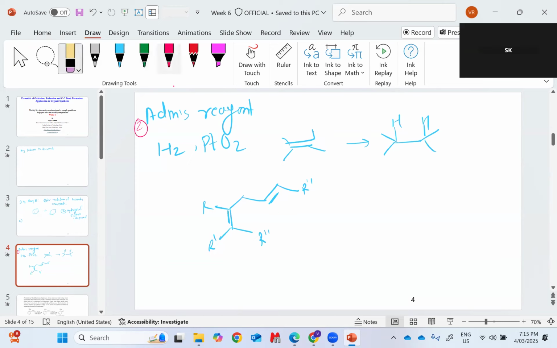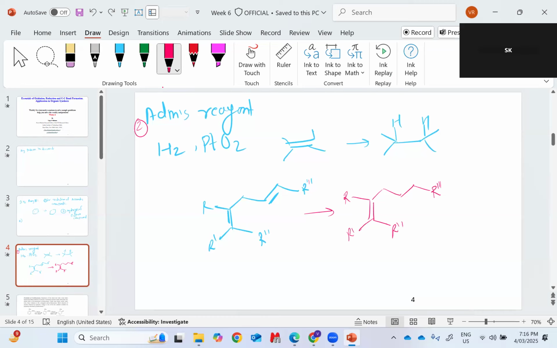So this double bond remains unaffected, and this double bond gets reduced. We need to take into consideration that if you have two double bonds, one highly substituted, in this case a quaternary double bond, and the other a secondary double bond, the Adams reagent will selectively reduce the double bond which is less substituted.